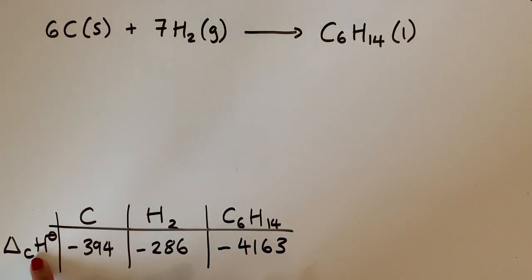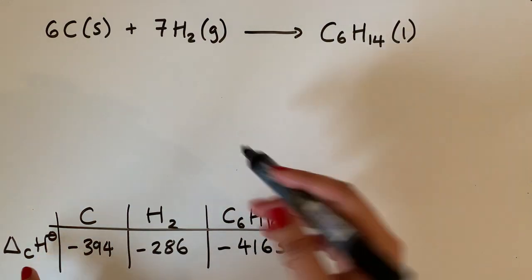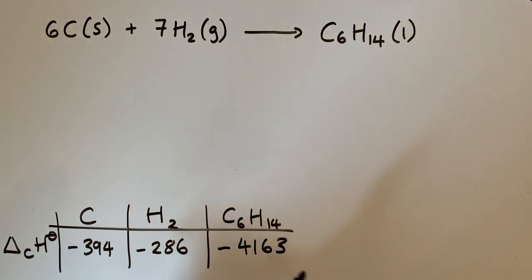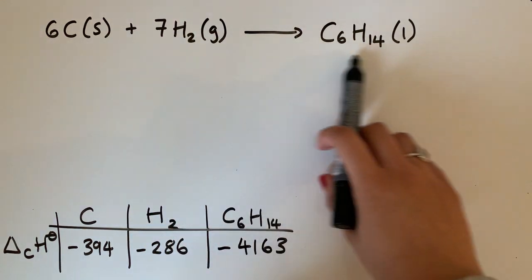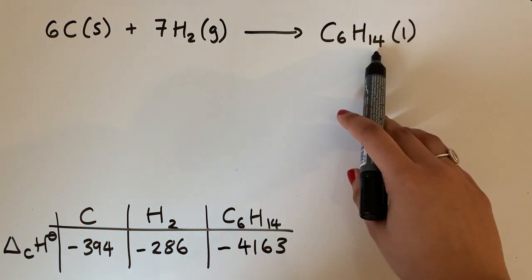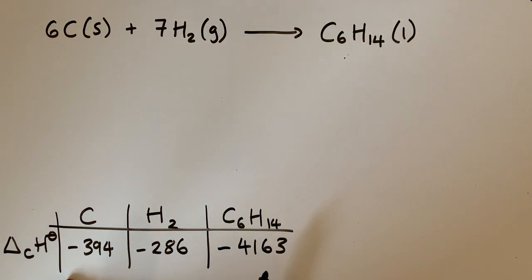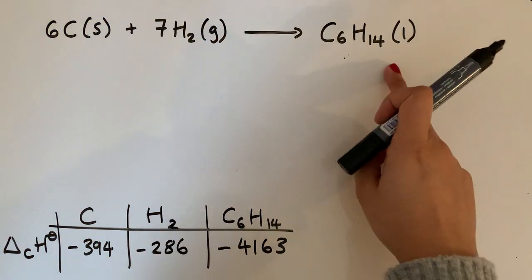They've given us the enthalpy change of combustion of all of these over here. And using this information, they want us to work out the enthalpy change of reaction, which is technically the enthalpy change of formation of hexane up here. So we look at the information they give us. They've given us combustion, so the intermediate that we're going to go through is the combustion products of all of these.